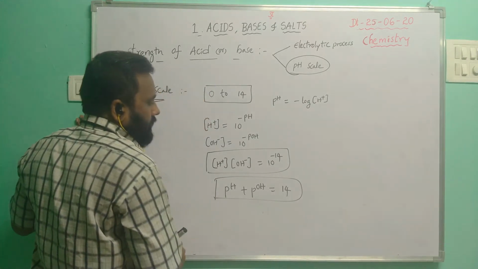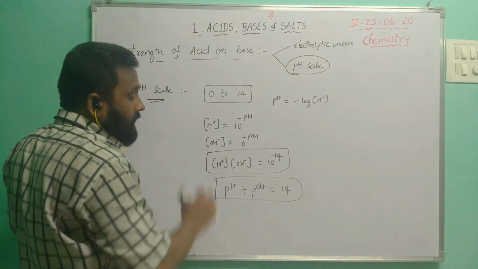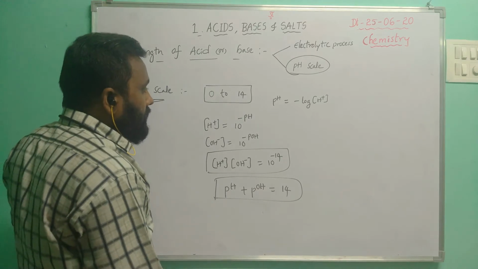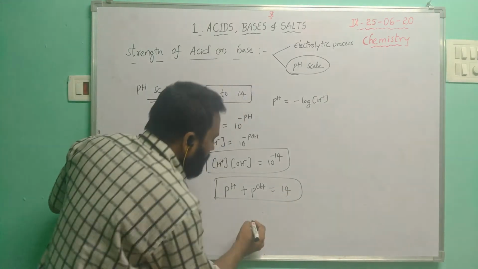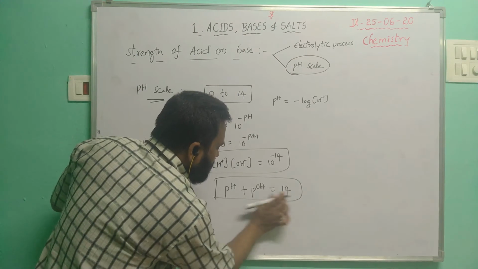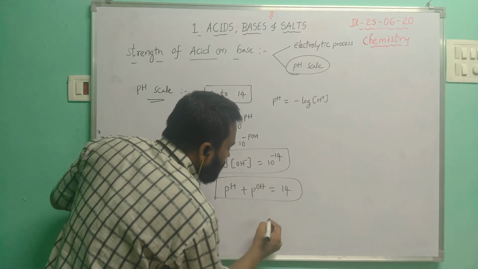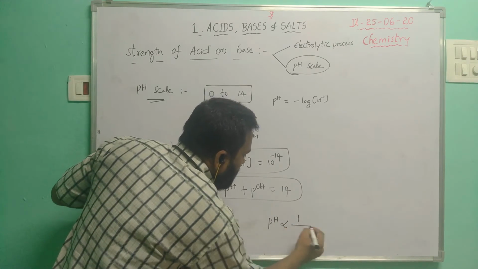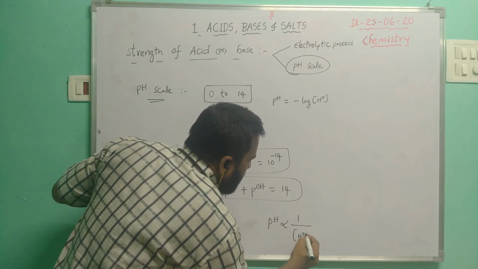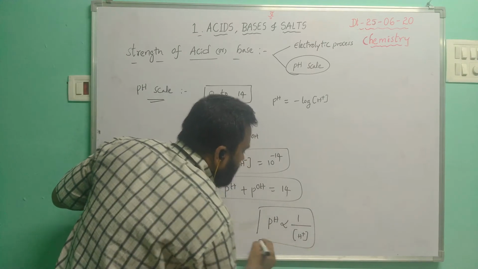If pH value is less than 7, that means acidic solution. Here pH is directly proportional to 1 by H plus ion concentration.